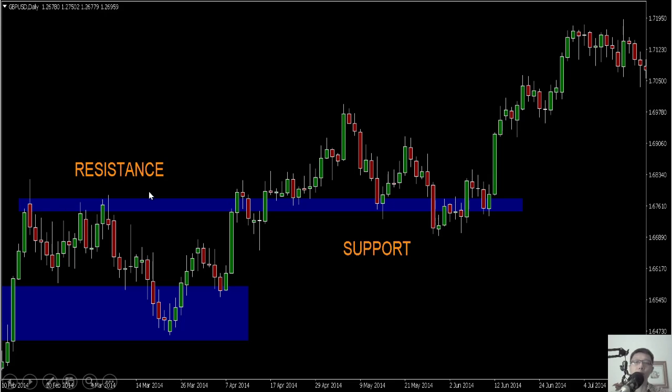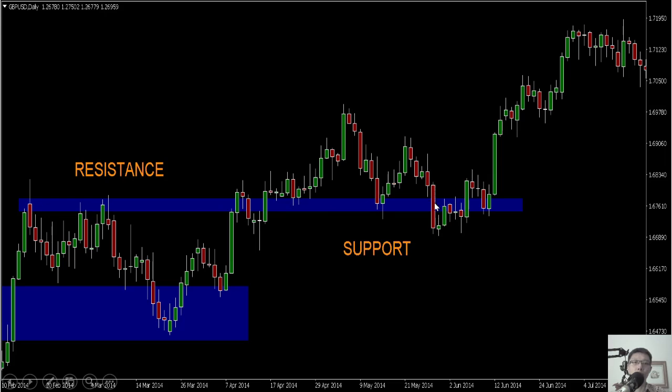So we can mark this resistance to the right side like this. After this break to the upside, sellers come in, push the price lower but fail. The sellers push the price lower until they touch this support area, and then buyers come in again.